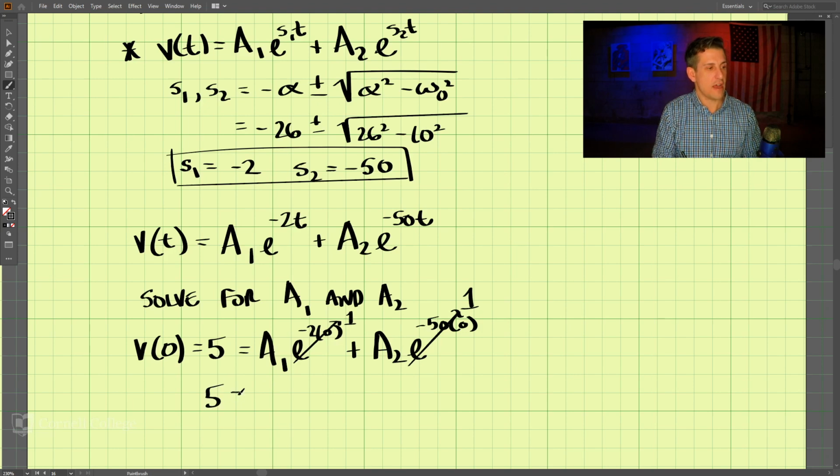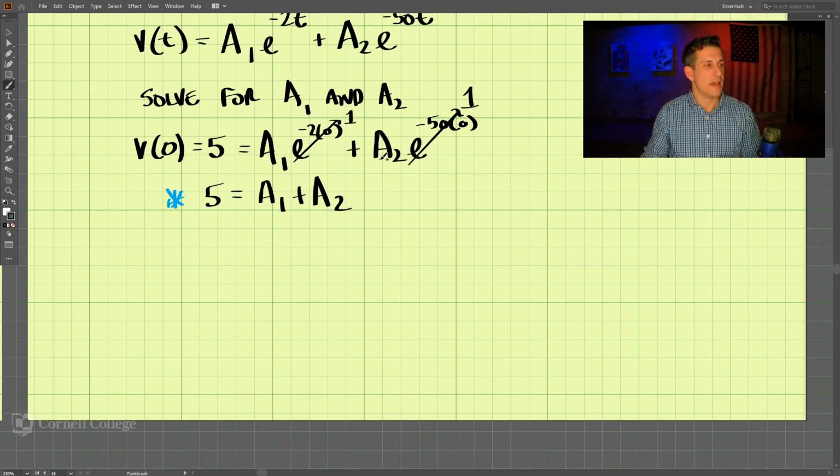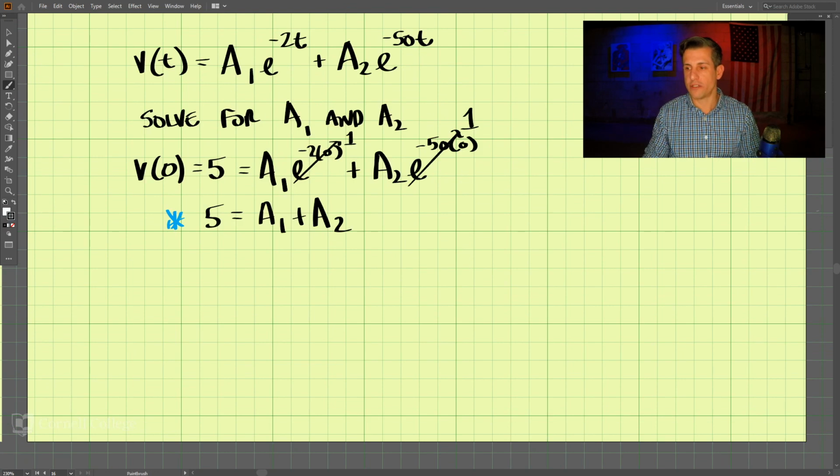So we have 5 is equal to A1 plus A2. So that is our first equation that we will need. And now we need to figure out our second equation.